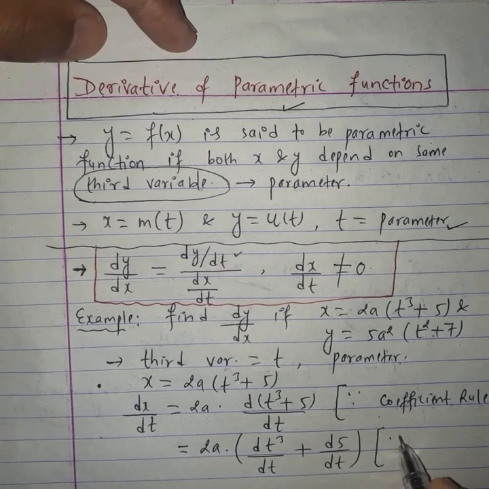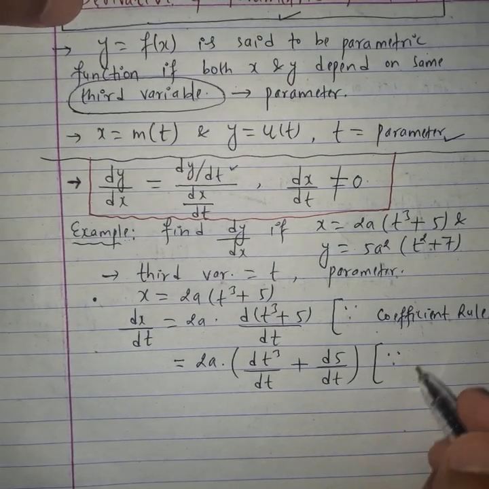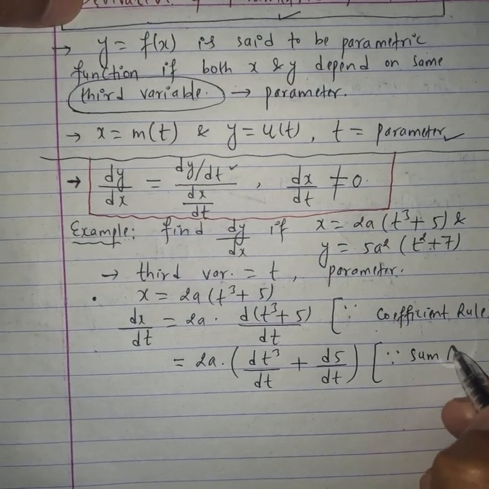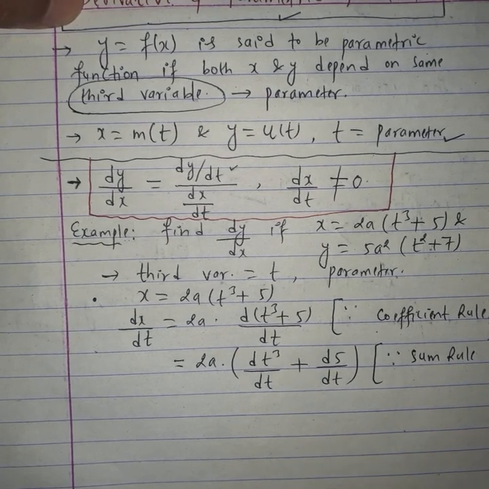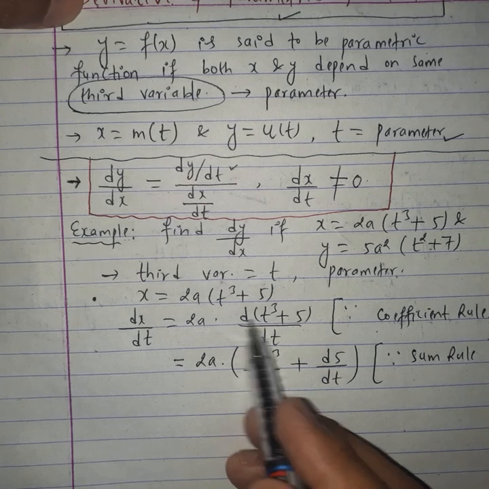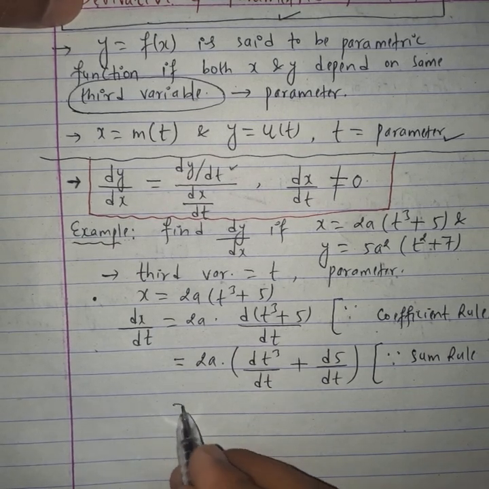In this step we just use the sum rule of derivative. According to the sum rule, we can distribute this d over dt over the addition.